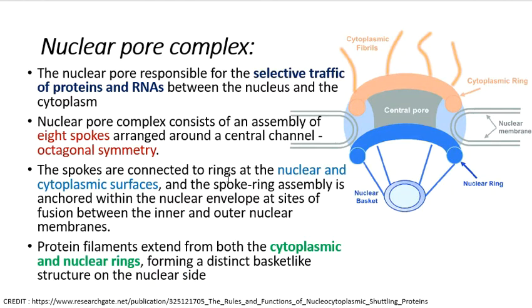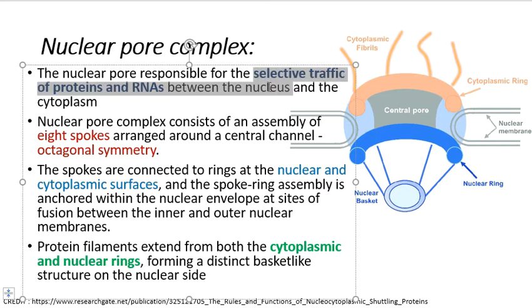Nuclear pore complex. Nuclear pore complexes are the only channels through which small polar molecules, ions and macromolecules can travel between the nucleus and the cytoplasm. So they are responsible for selective traffic of proteins and RNAs between the nucleus and cytoplasm.